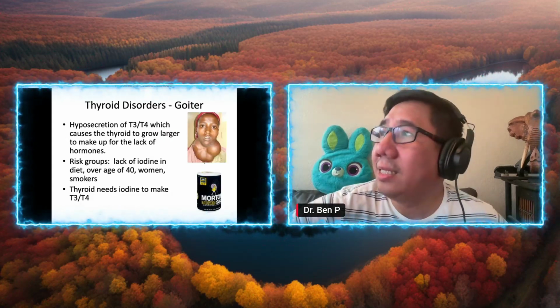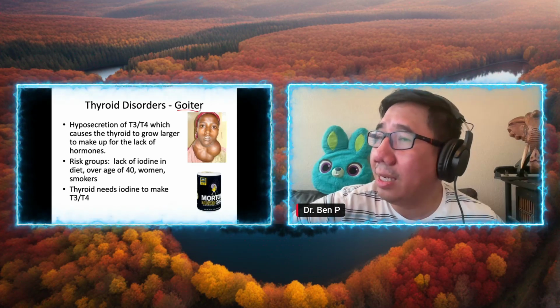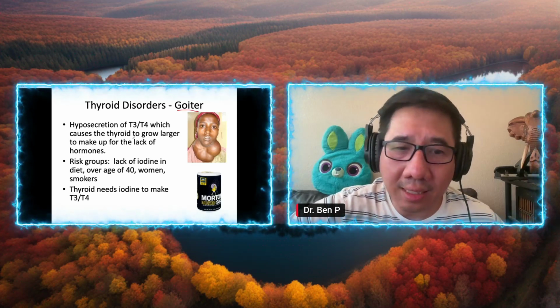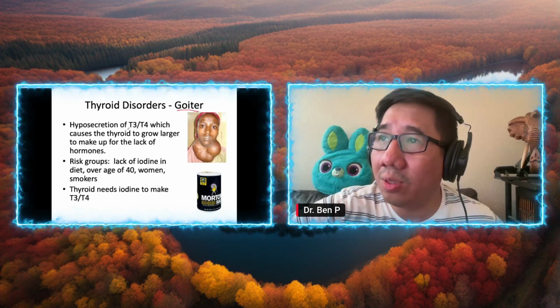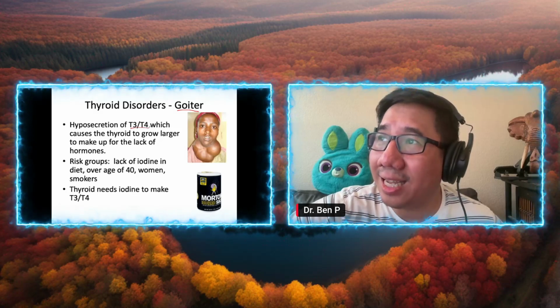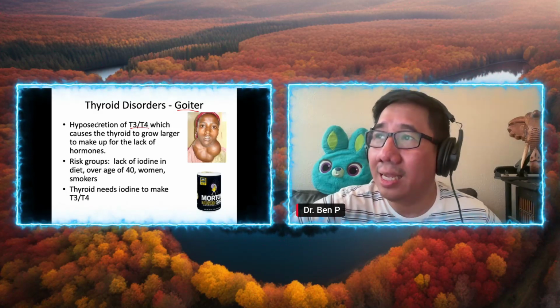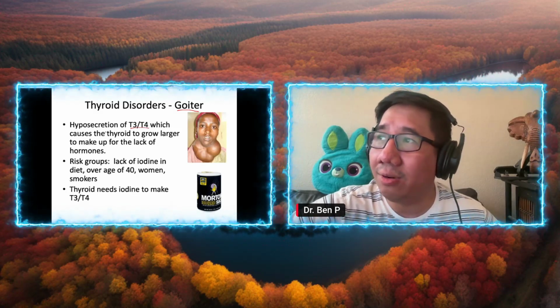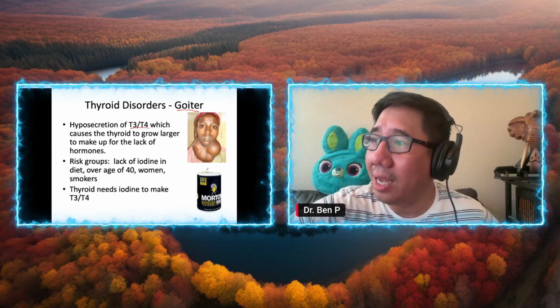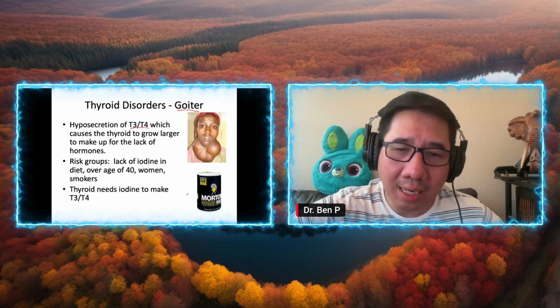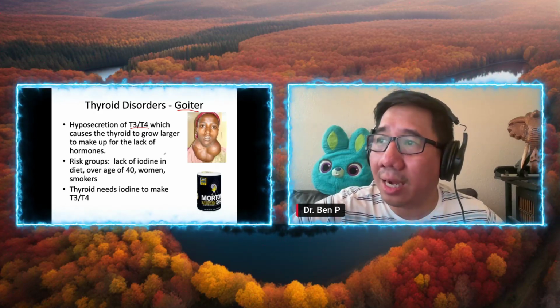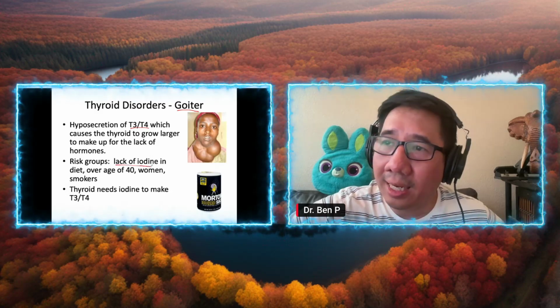Another disease is called goiter. Goiter is a disease caused by low T3, T4. We usually don't see goiter here in this country because it is usually caused by lack of iodine.